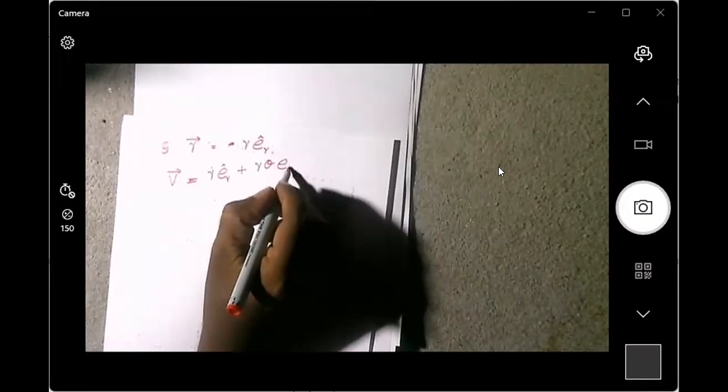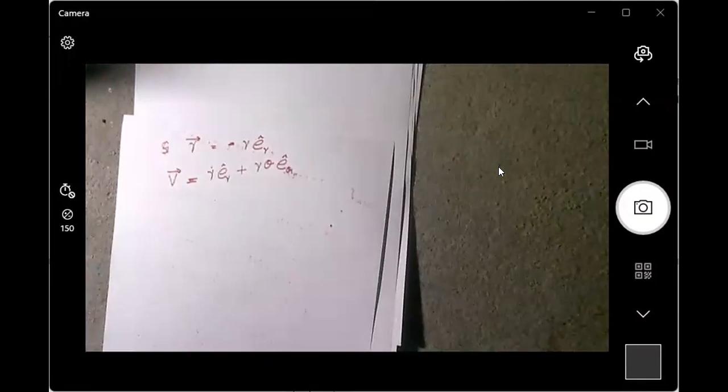What is the velocity in this coordinate system? When you differentiate this, we get r dot er. That is fine. And what's the next part? Plus r theta dot e theta, remember?